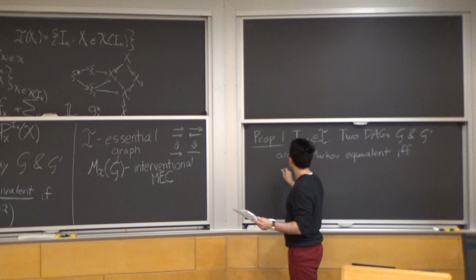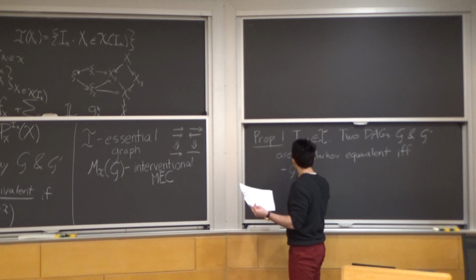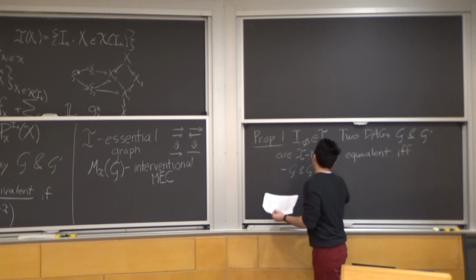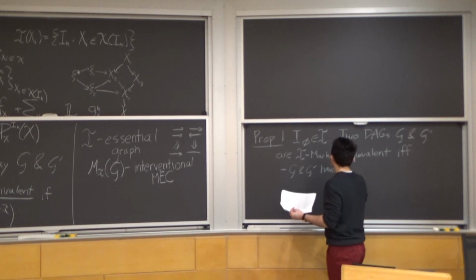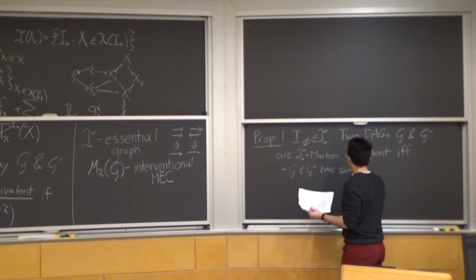So this is just G and G prime have the same skeleton and the same unshielded colliders.